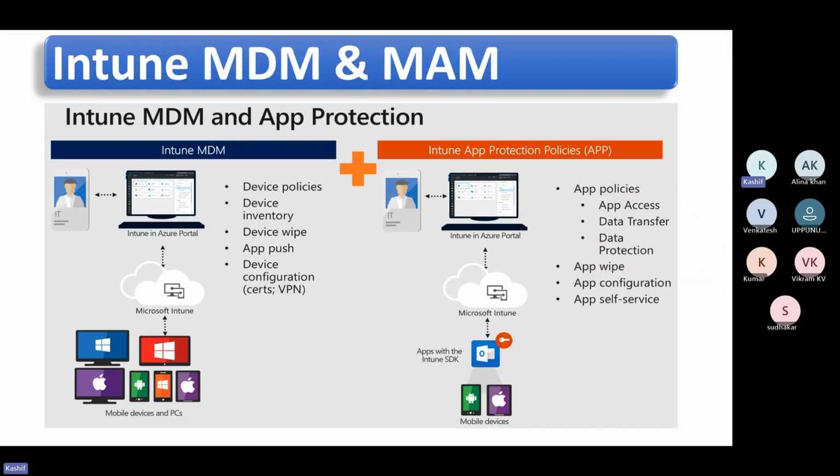Basically, we will take a 60-day free trial, so we don't have to make any payment to Microsoft. We will take the E3 license, the free trial license, and on the 59th day, we will cancel the subscription so that you don't have to make any payment.